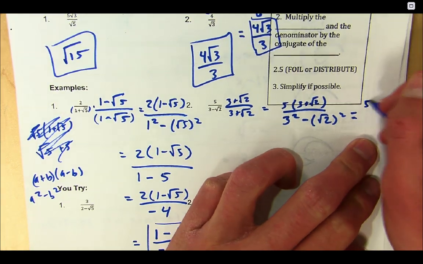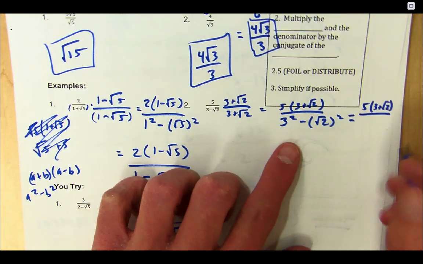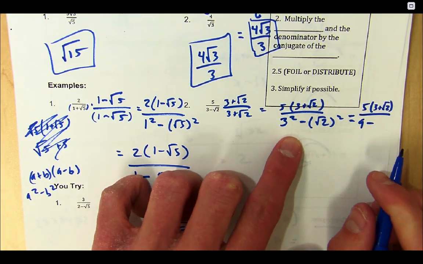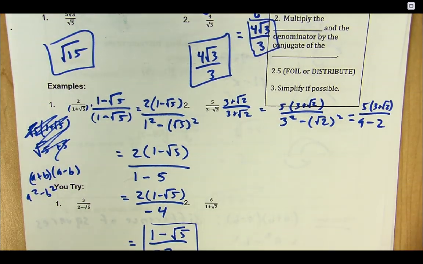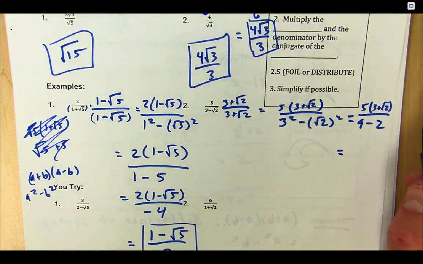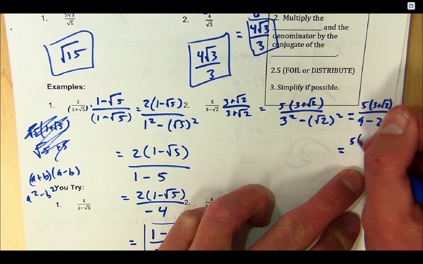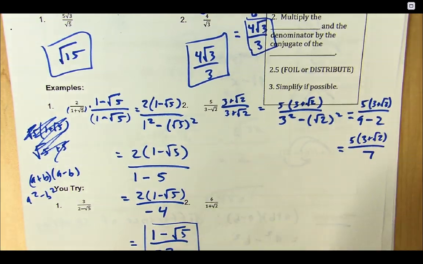I'm going to leave my numerator alone. 3 squared is 9. Square root of 2 squared is 2. And 9 minus 2 is 7.